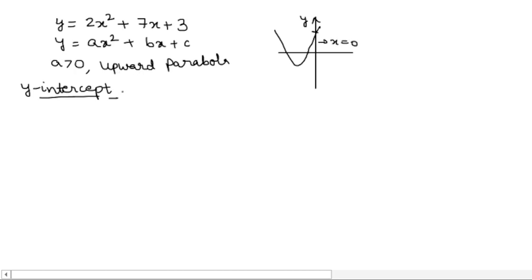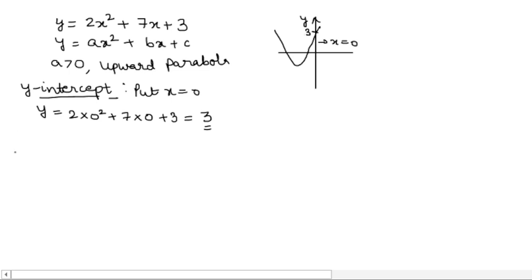So to find the y-intercept, we always put x equal to 0 in the original parabolic equation. So when I do so, I get y is equal to 2 times 0 squared plus 7 times 0 plus 3. So on my calculator, I get y is equal to 3. So this is my y-intercept.